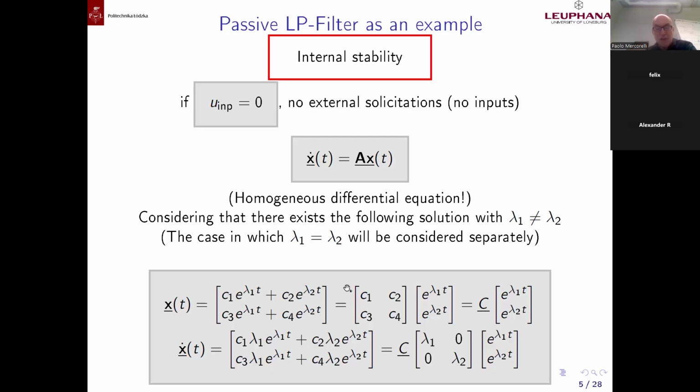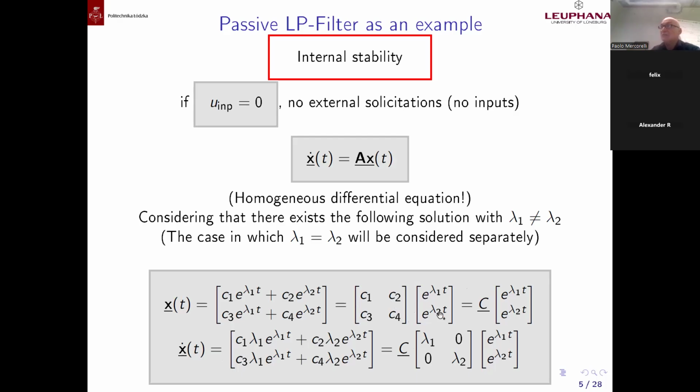Okay, this expression here can be written in this form. This is, if you remember a little bit, the rule of the product of a matrix with a vector. Row multiplied by column, row multiplied by column. I don't know if you remember this, but it's easy to see, no? C1 multiplied by the exponential function plus C2 multiplied by the exponential function.